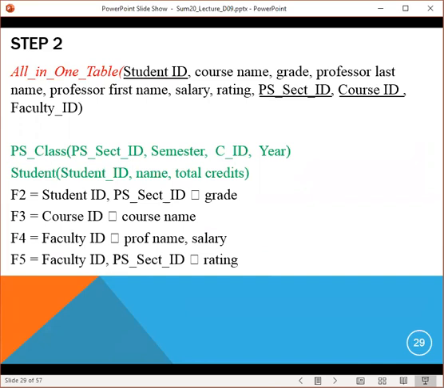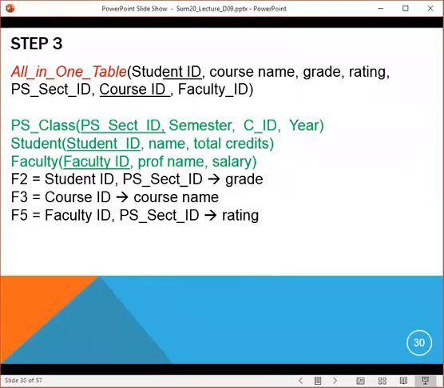The all-in-one table, we've now applied functional dependency 1, and we end up with 3 tables now. The original table keeps getting smaller, and now we have a student table along with our PeopleSoft class table. Next, we get rid of functional dependency 4, creating a faculty table.